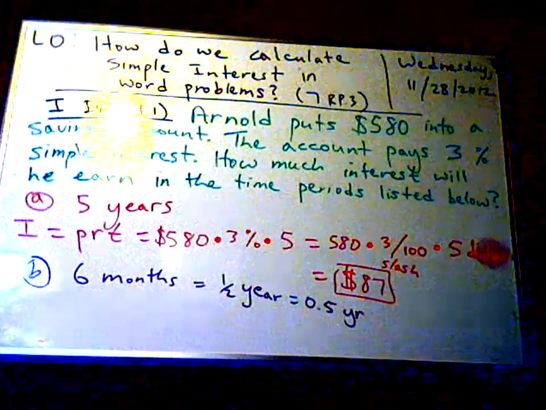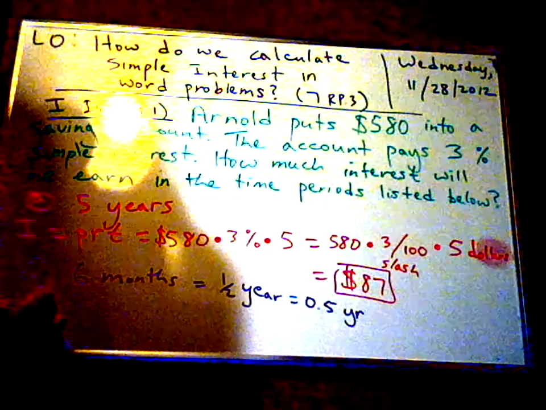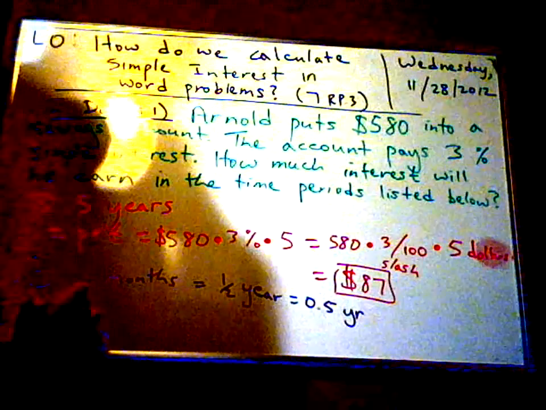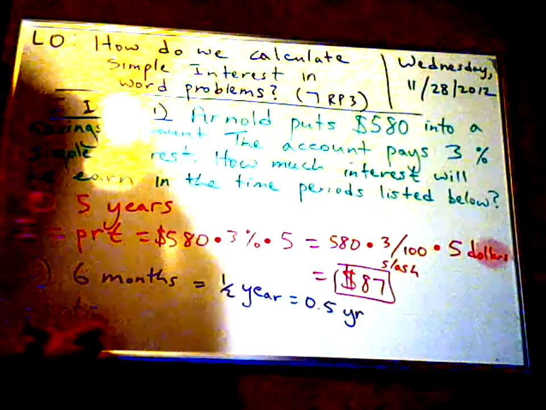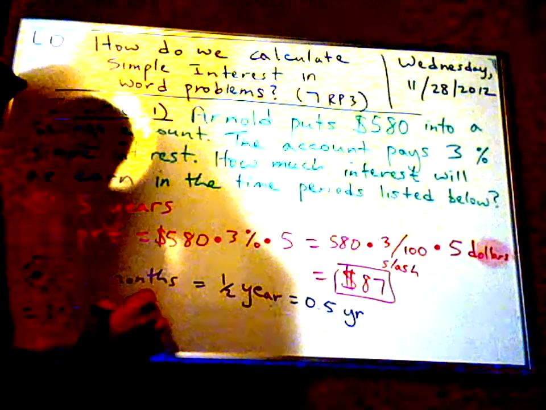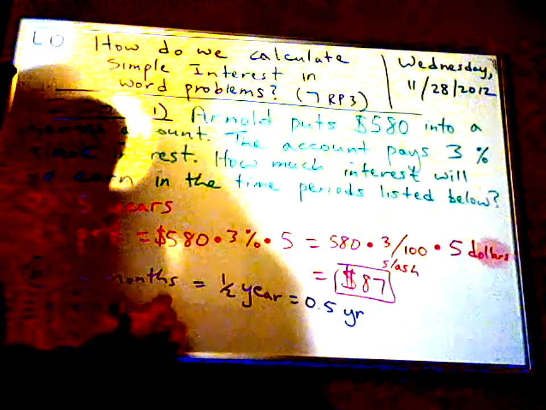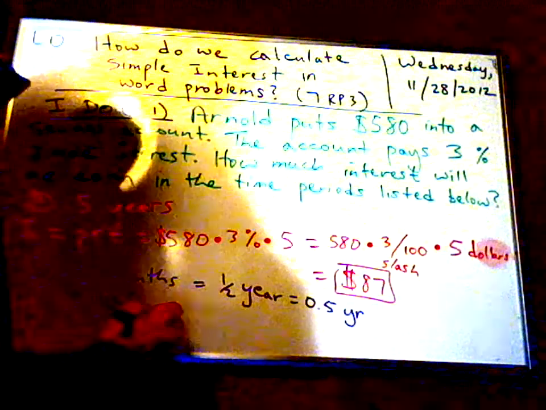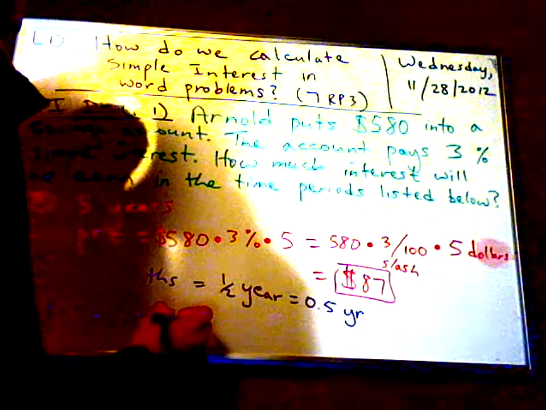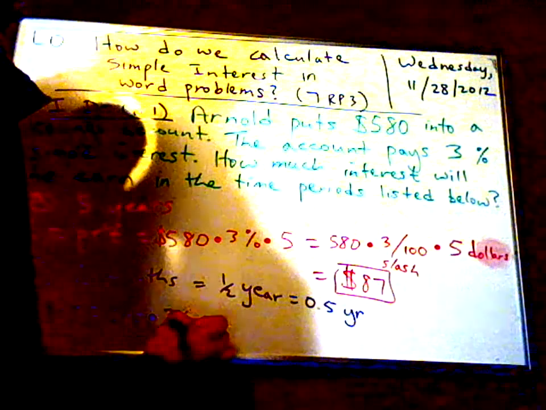So I is equal to PRT, which in this case is still going to be 580 times still 3%. Write it like that for now.